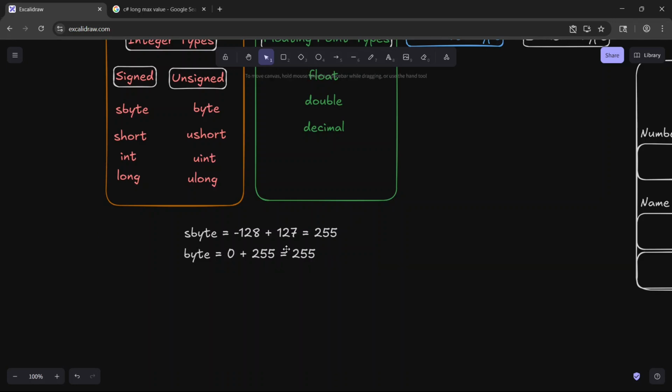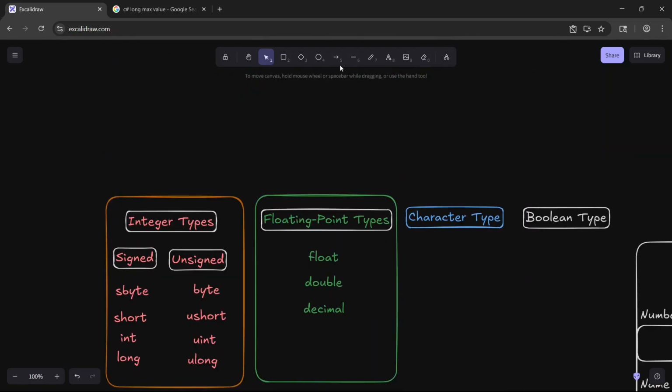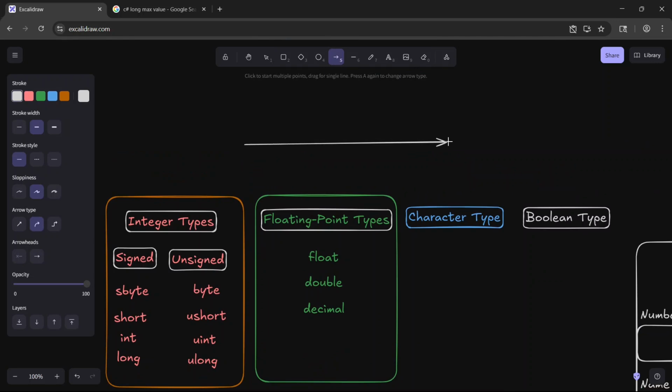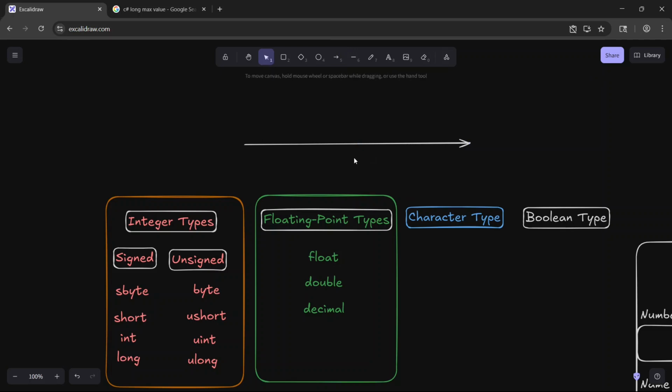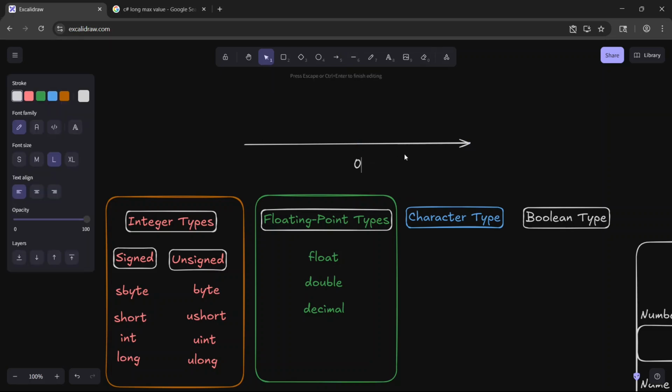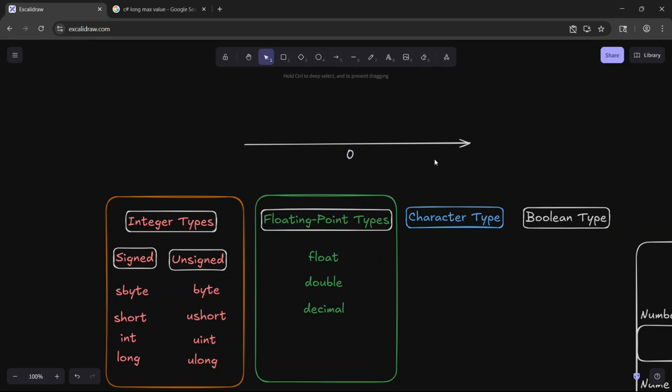And so think of the numbers like a number line, and you have 0 over here. We've just moved the same numbers, unsigned just means you're moving in this direction, but it's still the same amount of memory.